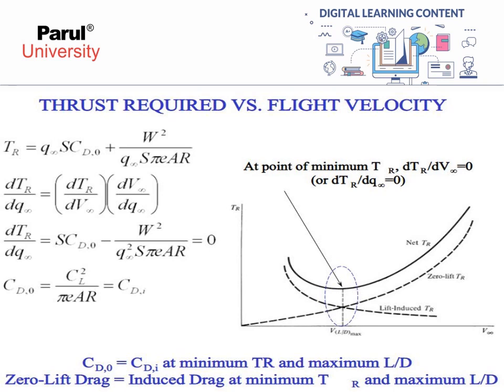Then finally, we can say CD naught is equal to CL squared by pi e AR, or we can say CDI. So CD naught equal to CDI is the aerodynamic condition for minimum thrust required.